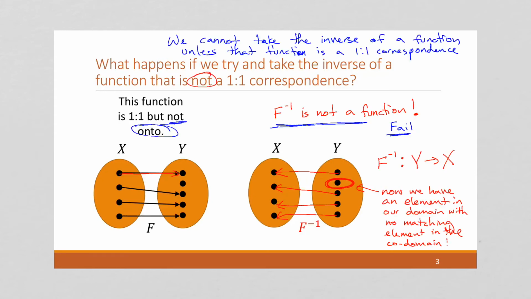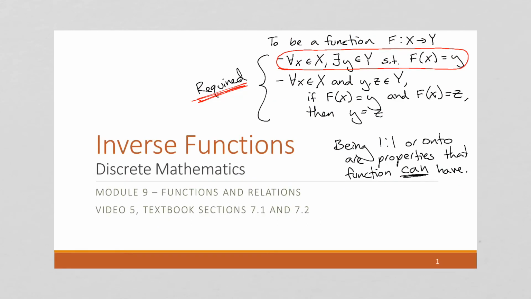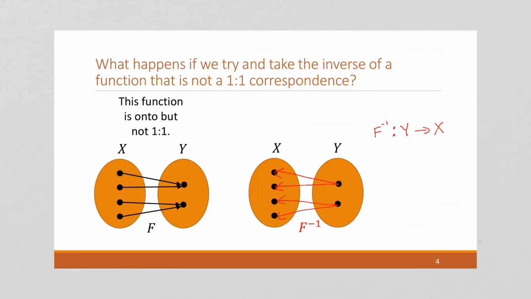Once again, going back to the function requirements, each element of our domain has to have only a single output. That's what this rule is saying: if we have two outputs, y and z, for the same input, then y must equal z. In other words, we cannot have more than one output per input. But that's exactly what we've got here. For this input, we've got two outputs. So this is not a function.